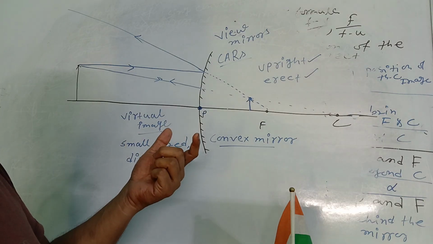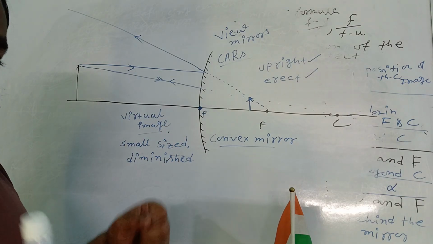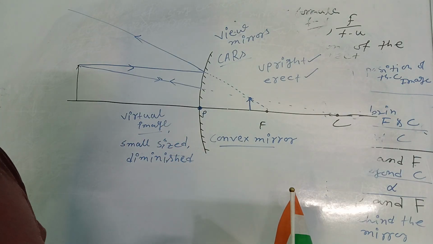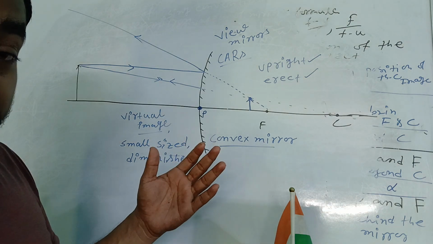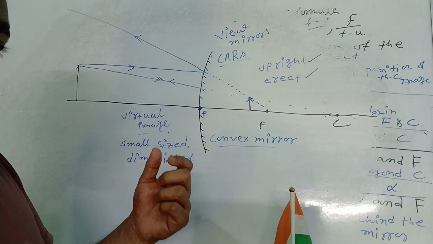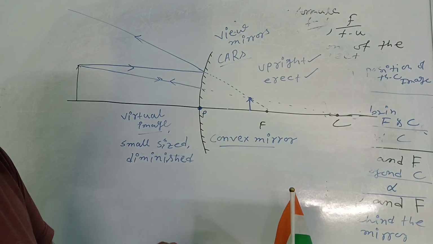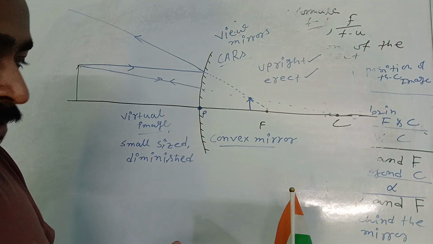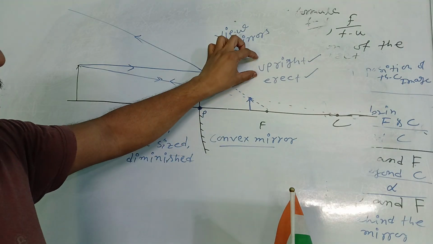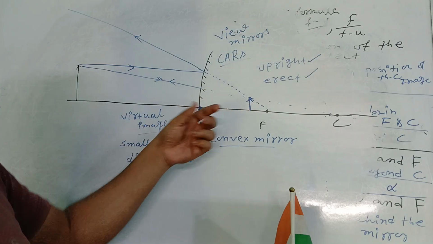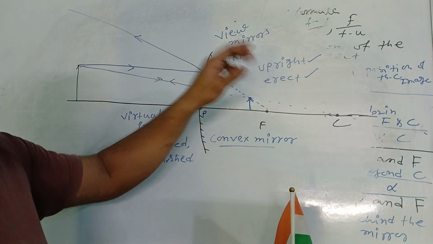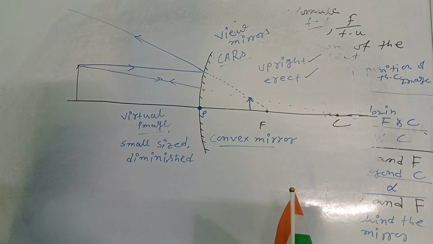Suppose you are driving a car or riding a motorbike. At that time you can see the objects behind you as they are, not inverted. So that's why it is written upright, erect. For a convex mirror, it is an upright and erect image.